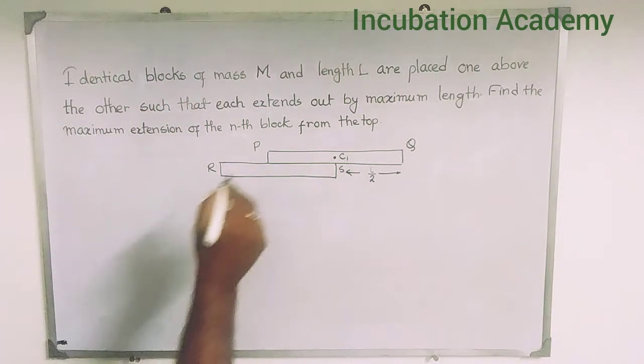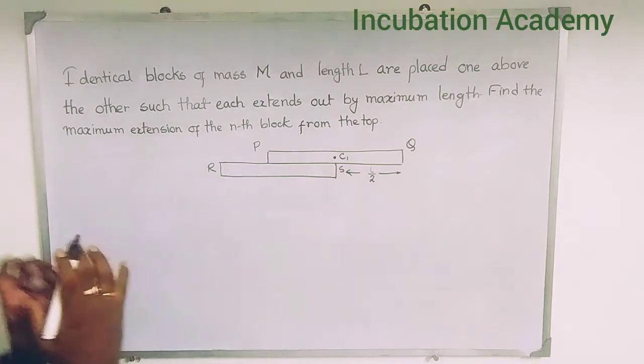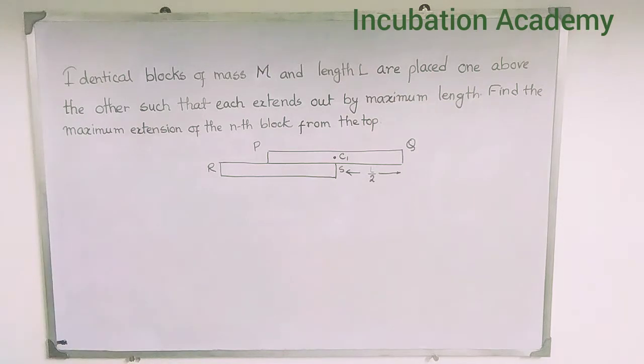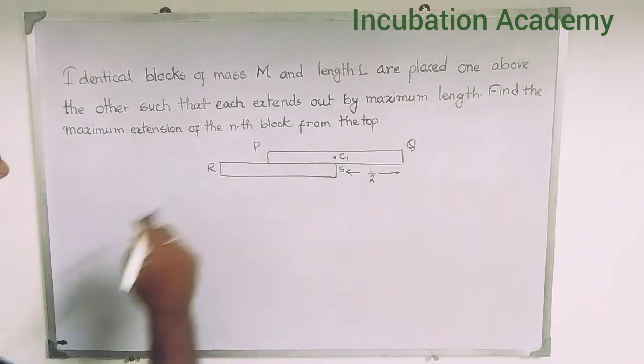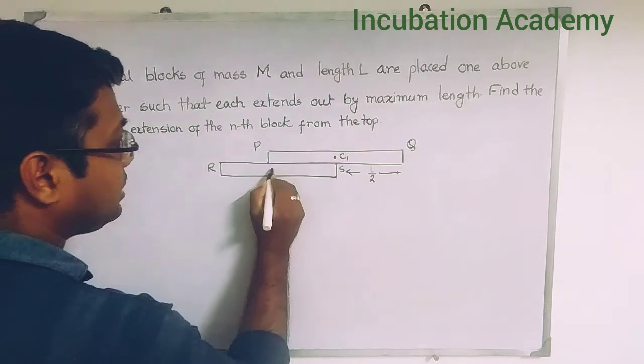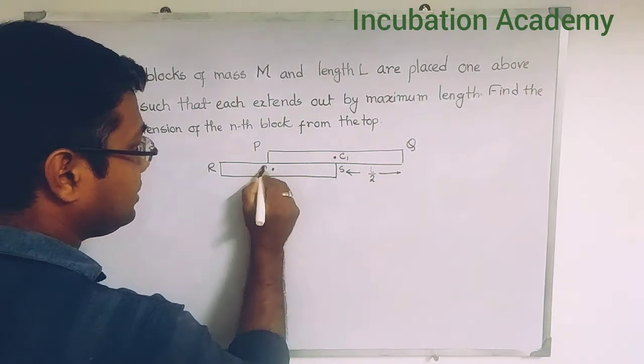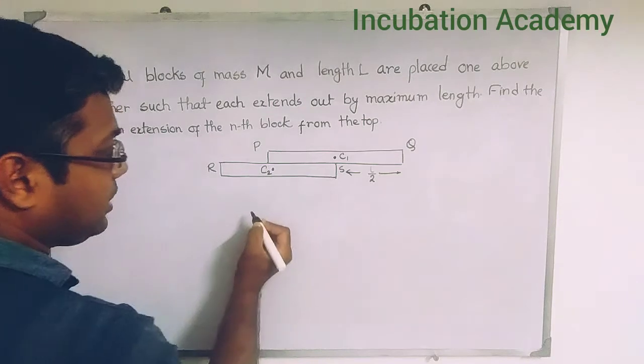Now we have to find out what is the combined center of mass of this PQ and RS block. Before that, the center of mass of the RS block is similarly at the length L by 2.